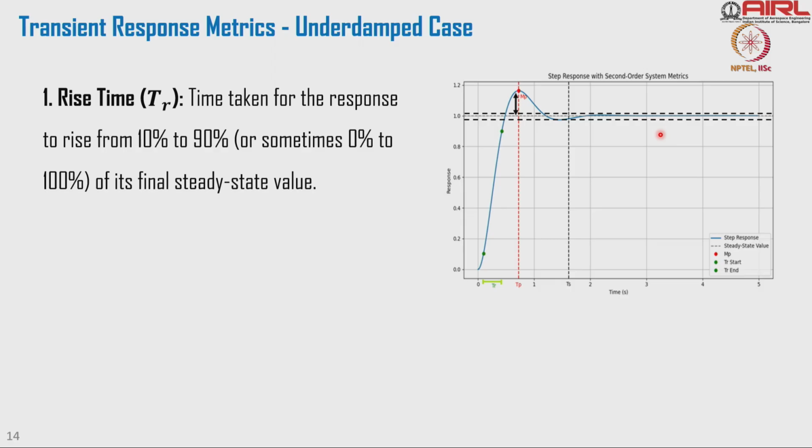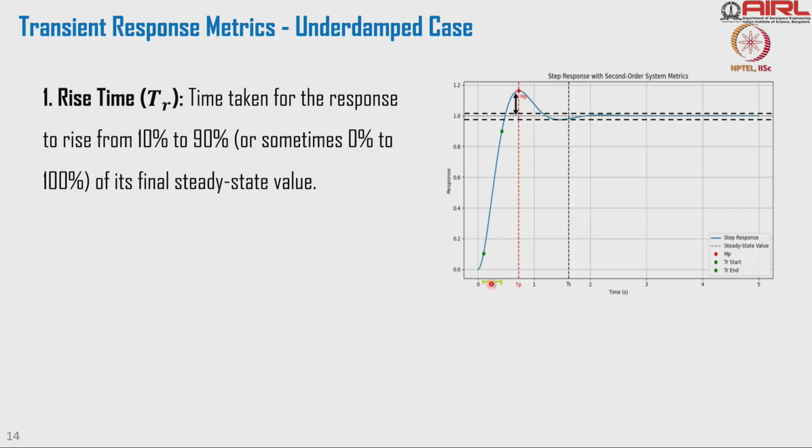Now, when I look at a response, I want some qualitative measure to understand. The first one I always talk about is how fast the system responds to the input. That's the rise time, TR. TR is how fast the system responds from 10% of its steady state value to 90% of the steady state value. Sometimes we do it from 0 to 100% also.